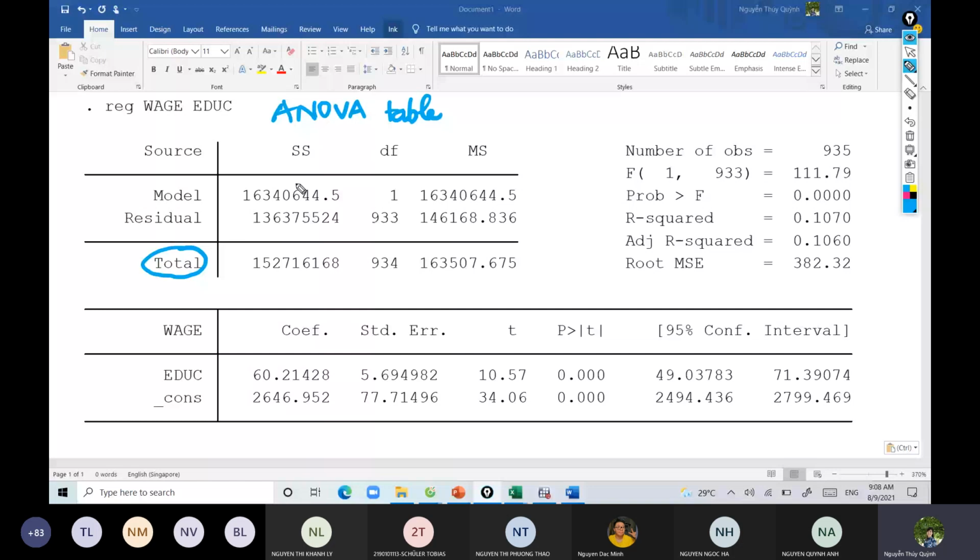We have learned this before. We have discussed this before. What is it? The variation in the value of the dependent variable that is due to the factors inside the model. That is due to our model. What is it?